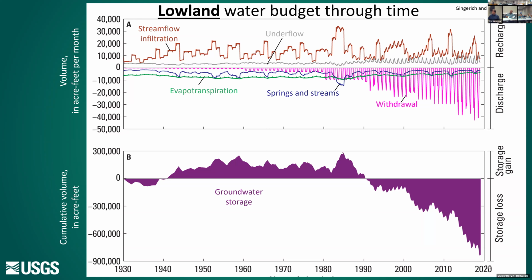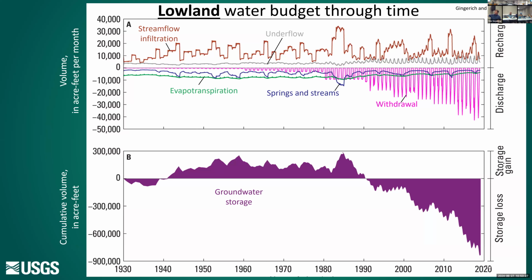What I think is really fascinating is the very bottom plot, which is the component of groundwater storage. That's water that's in the rocks. We know from steady state that if storage isn't changing, you're at a steady state condition.